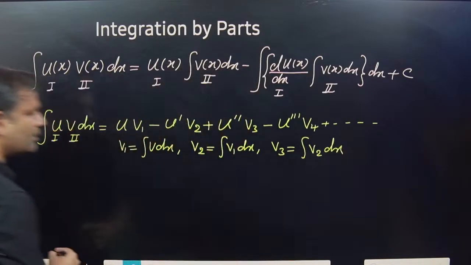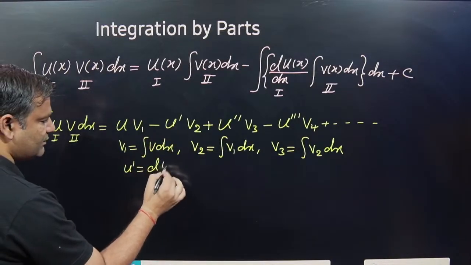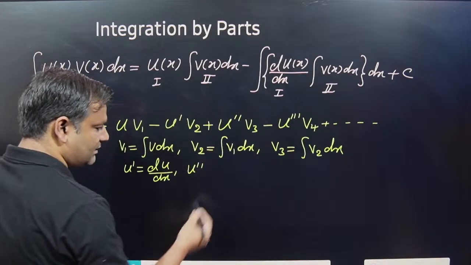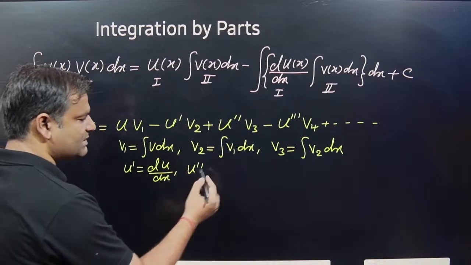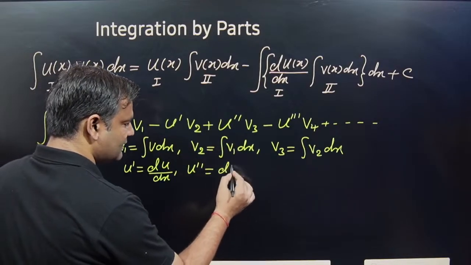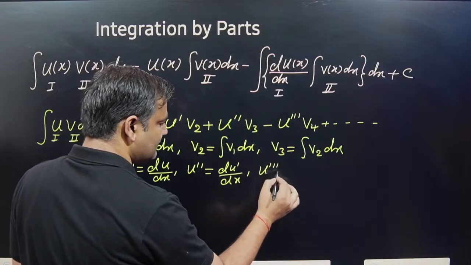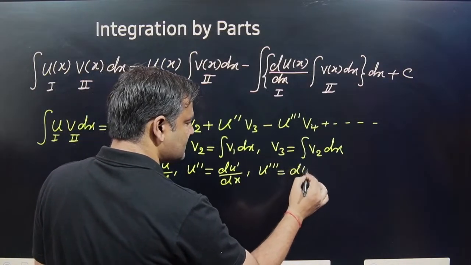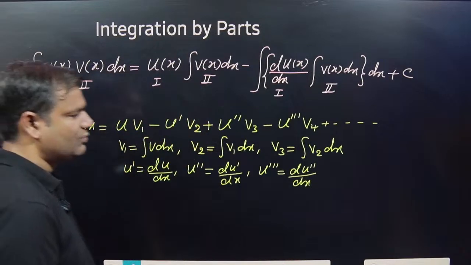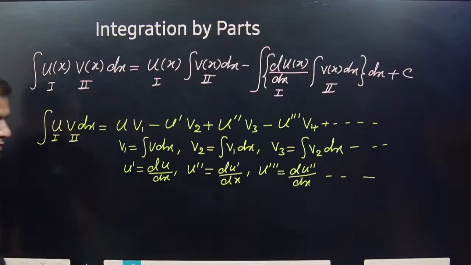Clear? What about this one? Differentiation of u with respect to x is u prime, u double prime means double derivative of u, or you can say differentiation of u prime with respect to x, and so on. Clear? Now I will take some problems.